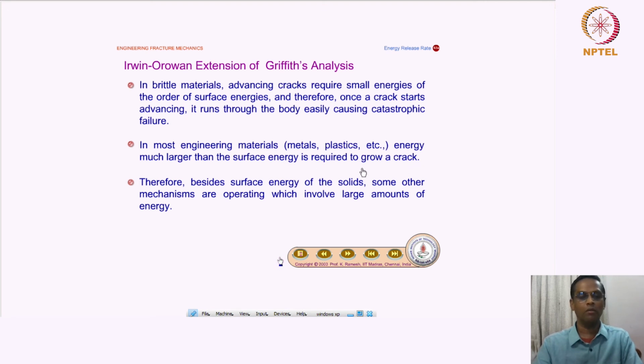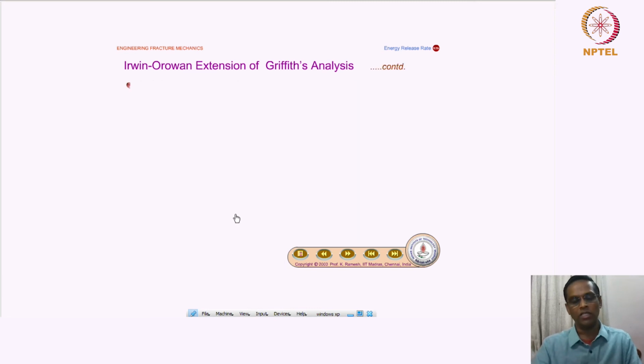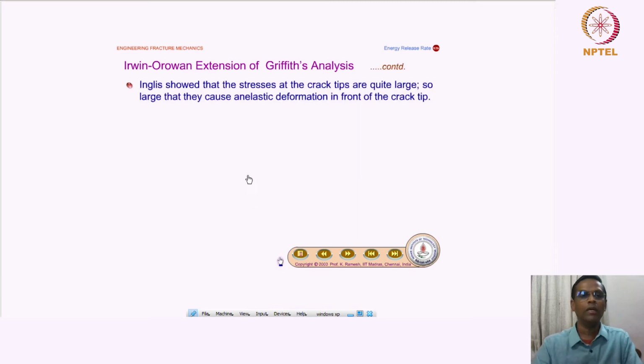That is quite obvious. Therefore, besides surface energy of the solids, some other mechanisms are operating which involve large amounts of energy. So this is what Irwin started arguing, and he showed that the stresses at the crack tips are quite large.